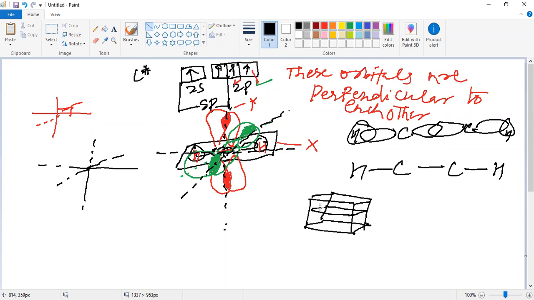I'll show you your x-axis. Your x-axis goes this way. This is your x-axis. Now what happens? You have the y-axis. So, let me show you the y-axis. This is what it is going to be, your y-axis.